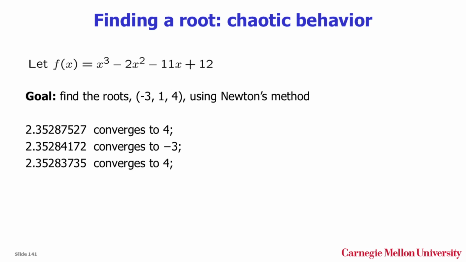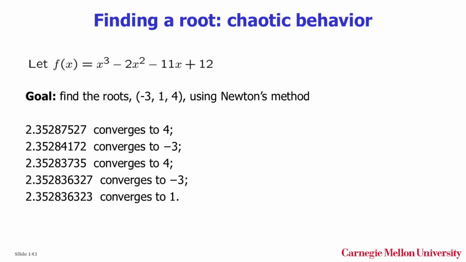Starting from almost the same number, the method converges again to 4. Starting from a little bit different number, the method converges to -3. Then, starting from a tiny bit different number again, the method converges to 1. This behavior is quite chaotic. Even a tiny change in the starting point can lead to convergence to completely different roots.